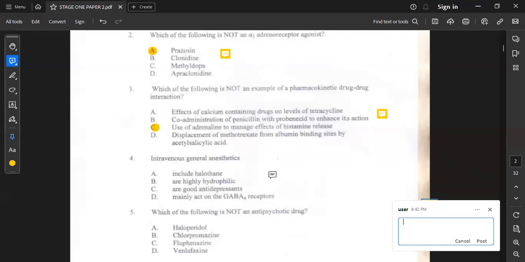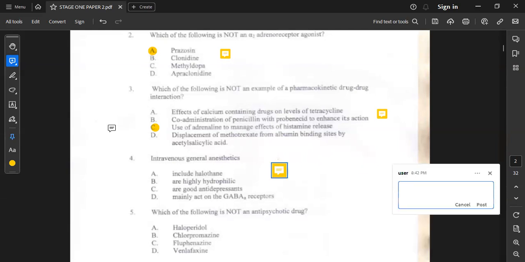Intravenous general anesthetics include halothane, are highly hydrophilic, are good antidepressants, mainly act on the GABA receptors. Halothane is an inhalation, no, it's not an IV.